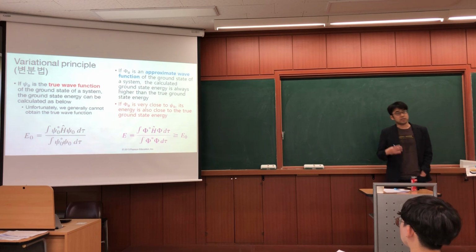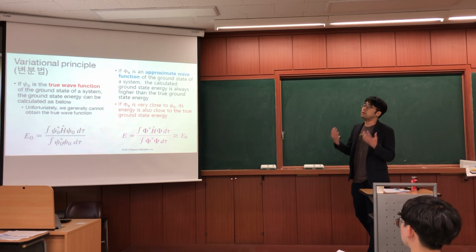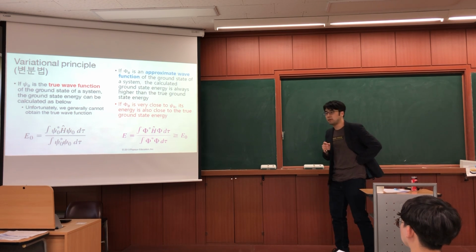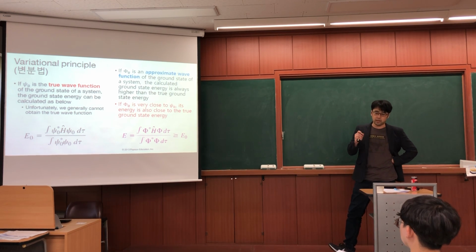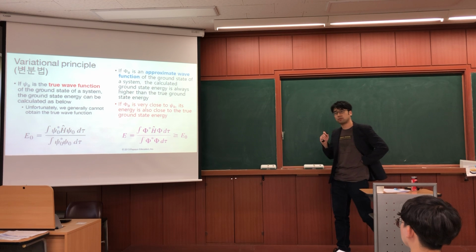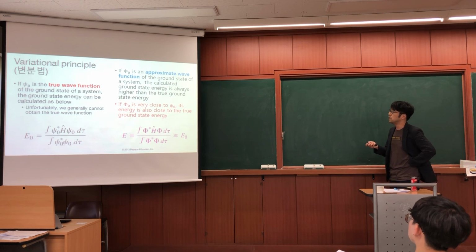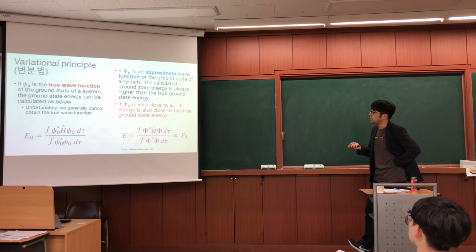But as we discussed, in general we don't know the true wave function of a system, so we have to use an approximate solution. If we assume that phi is an approximate wave function, then we can get an approximate energy by solving this equation.